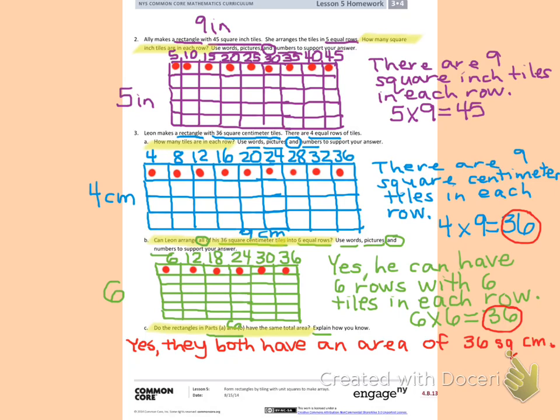And then it says explain how you know. 4 times 9 is 36, and 6 times 6 is 36.